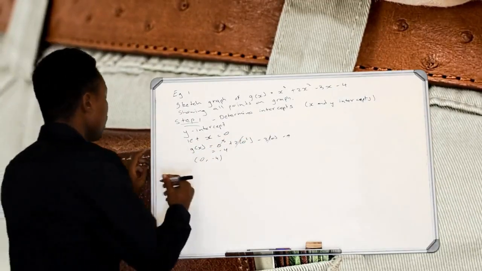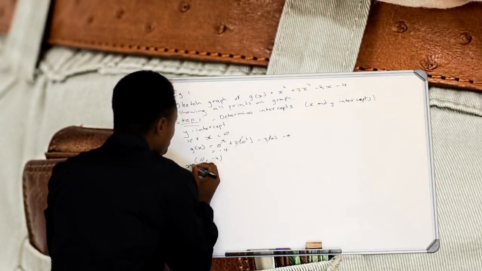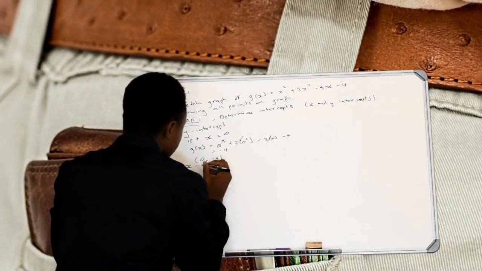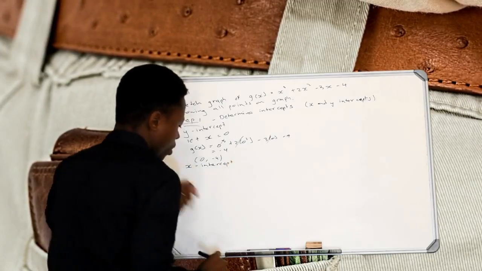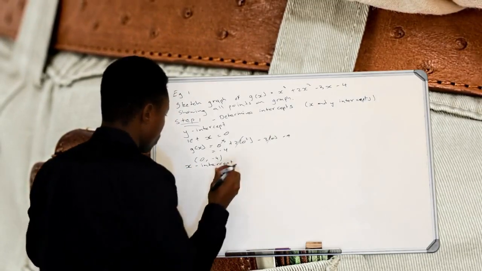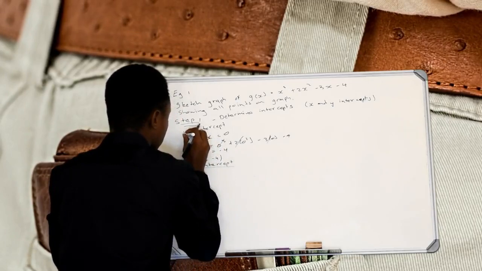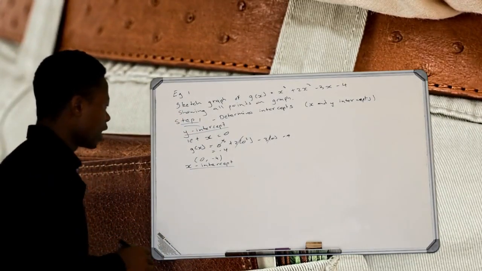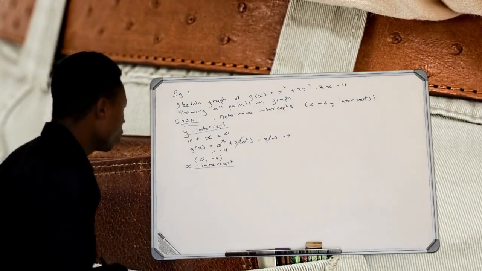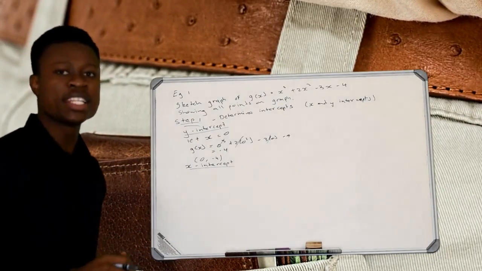So now let's look at the x-intercept. A little bit more complex than the y-intercept. Okay, so now looking at the x-intercept, what do we do? What did we do last time? We let x equal to 0.